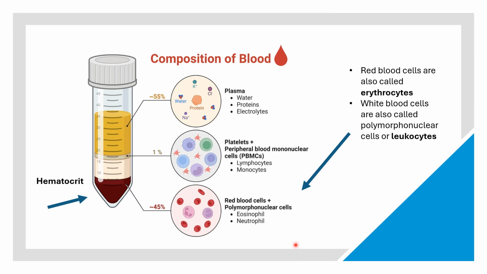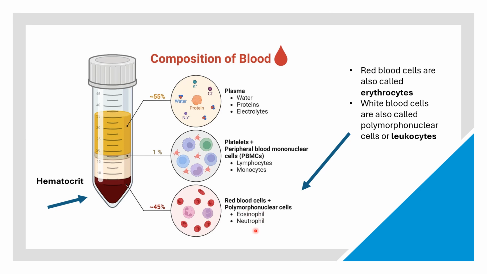So let's take a look at each layer. What's referred to as hematocrit is the red portion of the overall blood draw. It consists of red blood cells and polymorphonuclear cells. Poly means many, morphonuclear refers to the nuclei within the cell, the morphed nucleus.